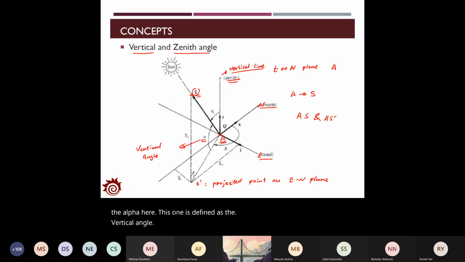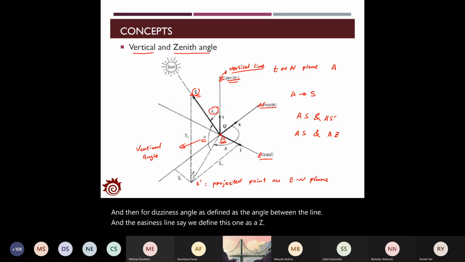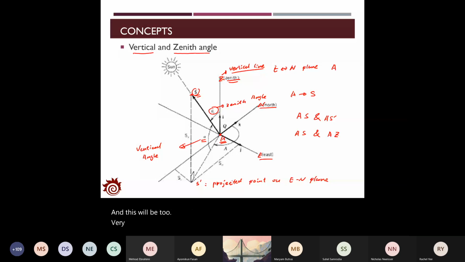And then the zenith angle is defined as the angle between the line AS and the zenith line. Say we define this one as AZ. And this would be the zenith angle. These are two very important concepts for you to identify directions at any point on the Earth.